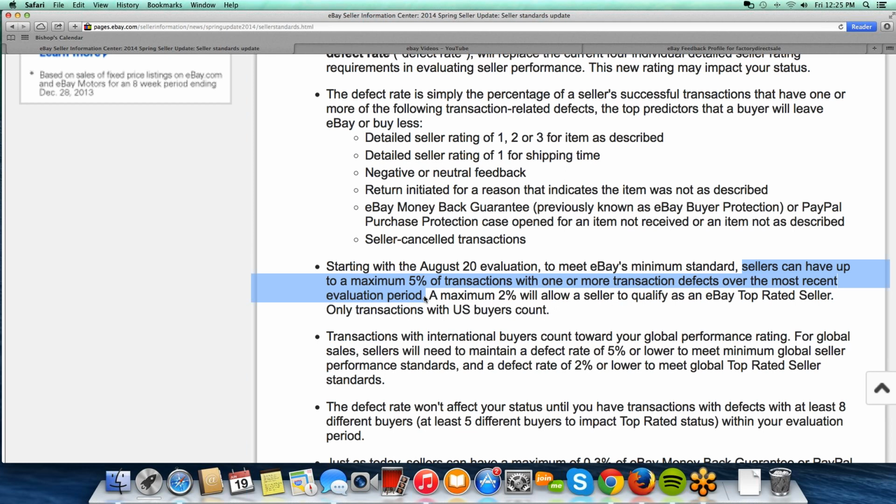So the only thing you can do to really help that percentage is either have fewer defects or have more transactions. Does that make sense? So either you are flawless on your defects and you're not doing any out of stock issues, which is almost impossible, or you make it harder because you have so many transactions that those defects don't hurt you.